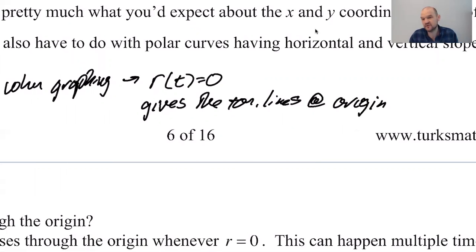I've been saying those are the tangent lines, and you've probably been just accepting it for multiple years at this point. We now know enough to actually show that those are the tangent lines, so that's what we're going to do here.